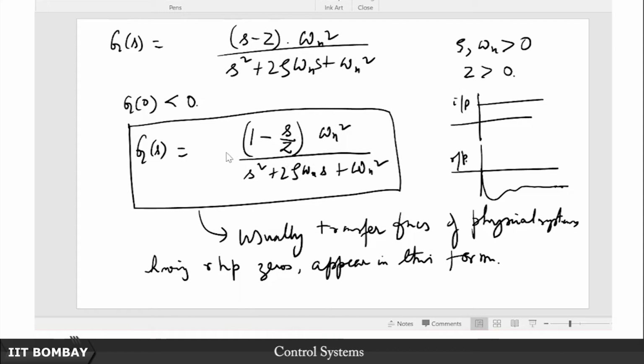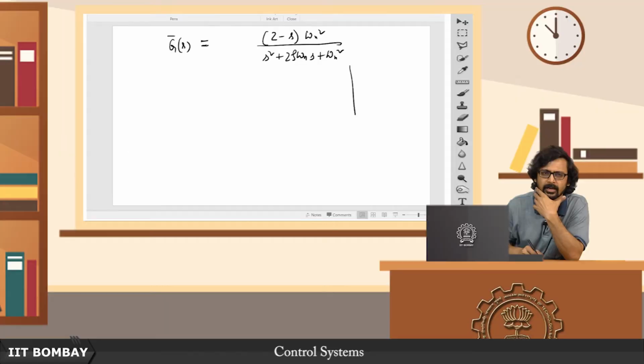Essentially the locations of the root loci do not change when you multiply a transfer function by a constant factor. Why? Because the angle criterion is not affected by multiplication by constant real numbers. So whether I look at this G or the root locus of this G bar, it really would not matter.